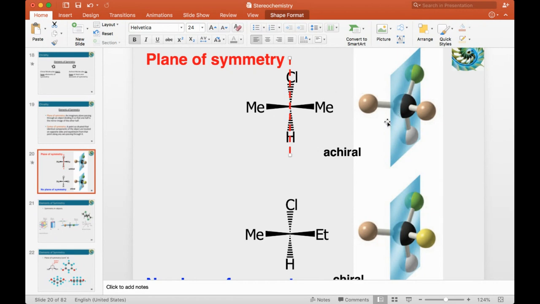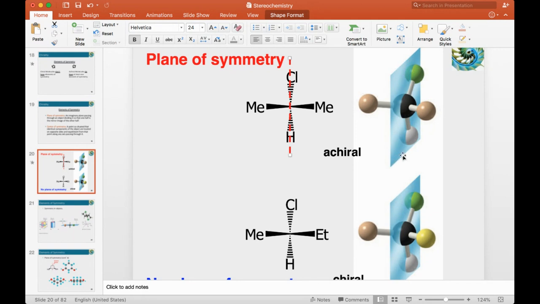Look at the 3D picture here. Okay, it's much better. You have the carbon right here, a methyl group here, a methyl group here, a chlorine atom here, a hydrogen here. Once again, a plane is defined by 3 points. 1, 2, 3. Hybridization of the carbon is sp3. The plane is right across here.